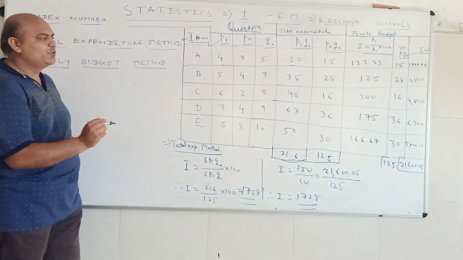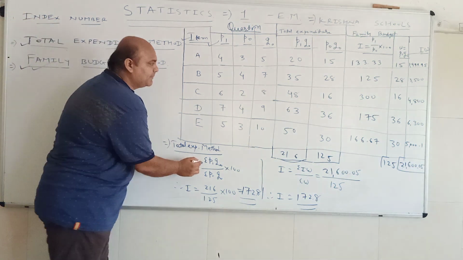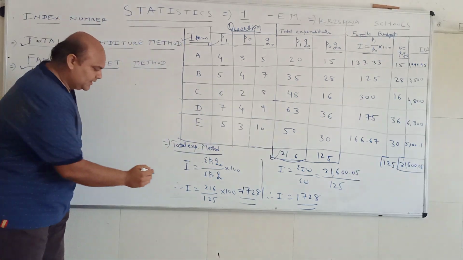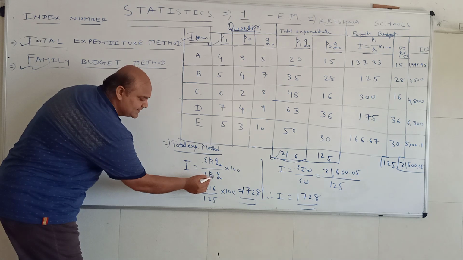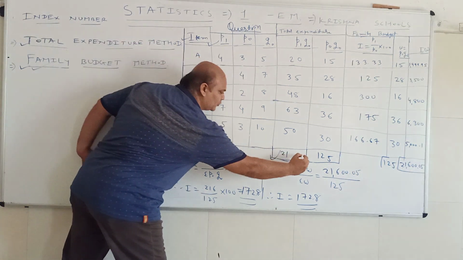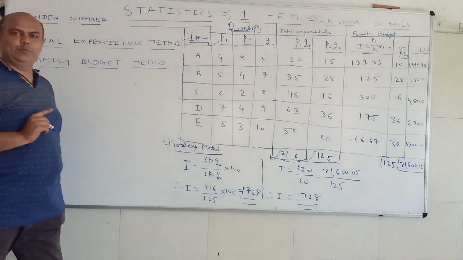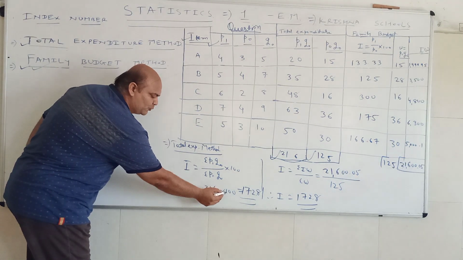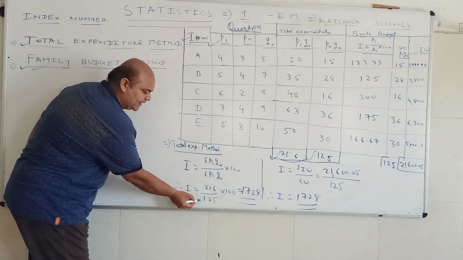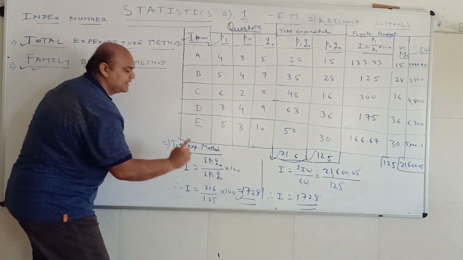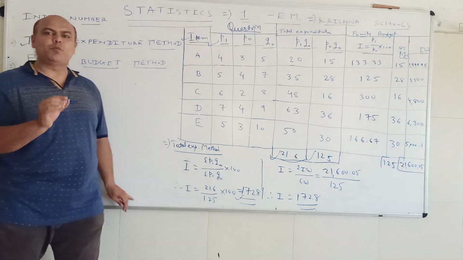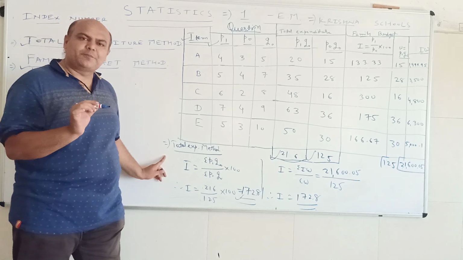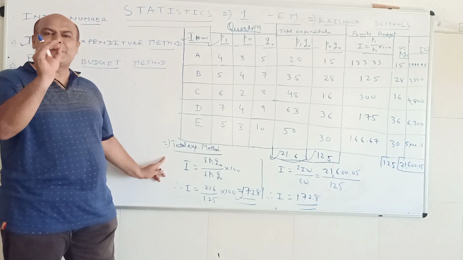Now we put the values into the formula. Sigma P1 Q0, the total is 216. Sigma P0 Q0, the total is 125. We put here 216 into 100 divided by 125. The answer comes 172.8. This is total expenditure method or aggregate expenditure method.